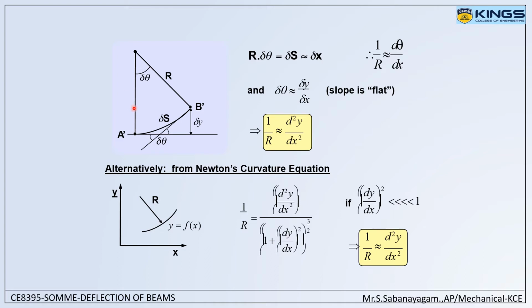From this diagram we can find that R is the radius of curvature. By application of load, A B become A dash and B dash. Since it gets deflected, the dimension gets changed and it gets a curvature shape from the flat surface.